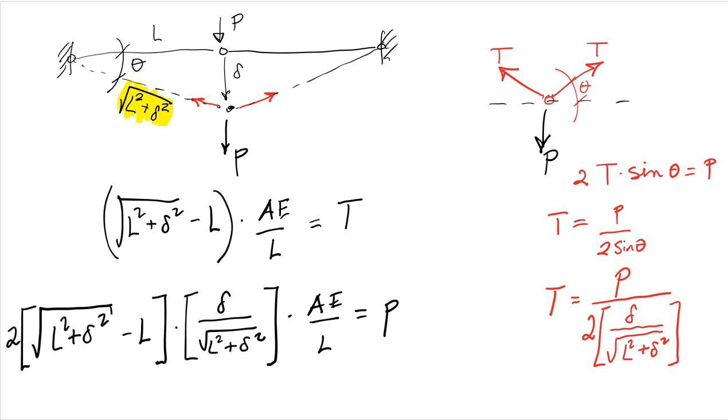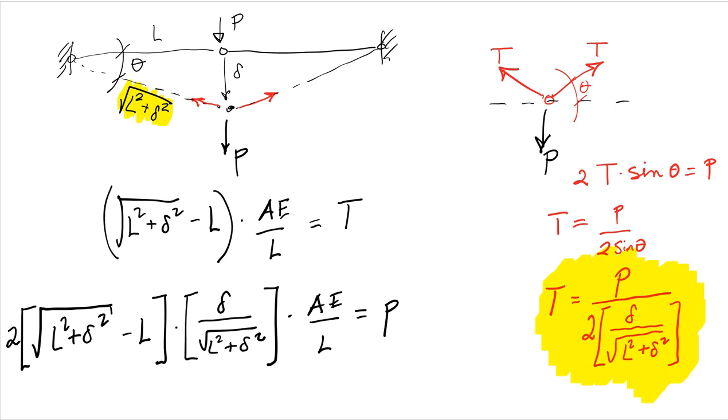We have the vertical force P going down, and by simple equilibrium we obtain this expression here for T. T equals P divided by 2 sine of theta, but sine of theta is opposite over hypotenuse, which is delta divided by square root of L square plus delta square.